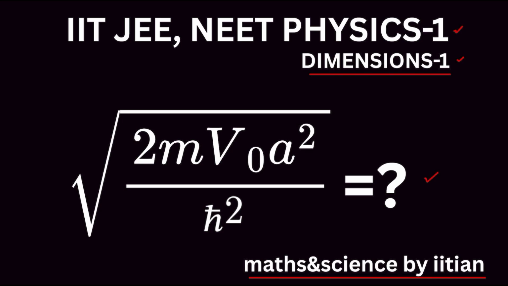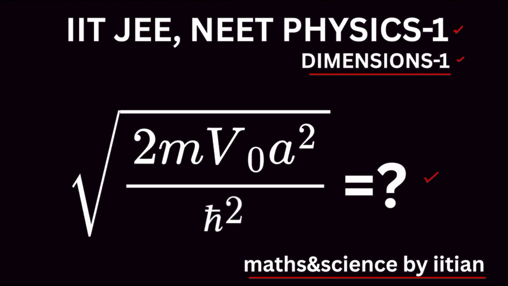The question here is, what is the dimension of square root of 2m V0 into a square by h bar square? To find out the dimensions of this equation, we should know what each parameter in this equation means.